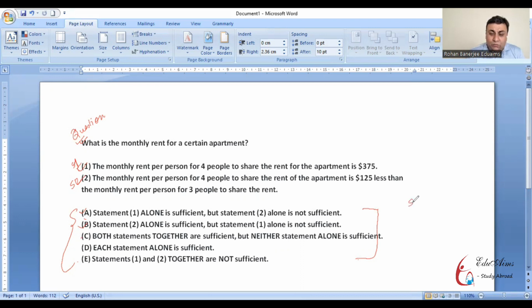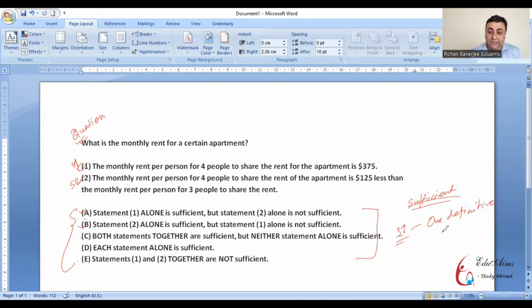Now, what does the word sufficient mean? As you can probably imagine, since these are data sufficiency questions, the word sufficient is very, very important. Sufficient means that if a statement, no matter whether it's 1 or 2, can take you to one definitive answer, then that particular statement is sufficient. So if statement 1 can take you to one definitive answer, then statement 1 alone is sufficient.